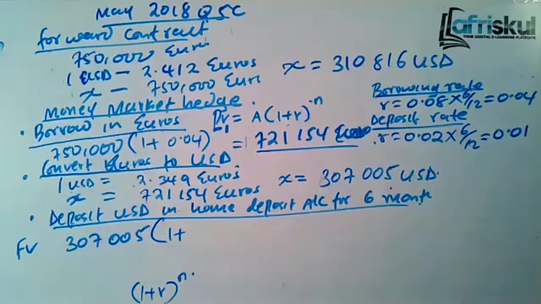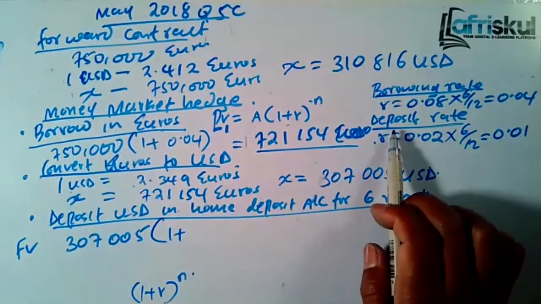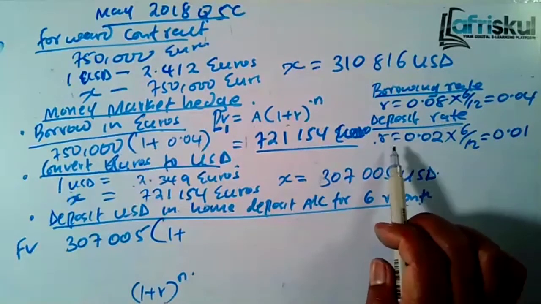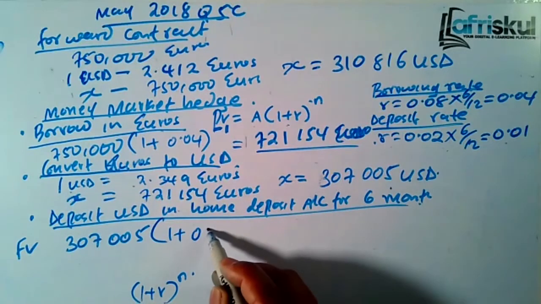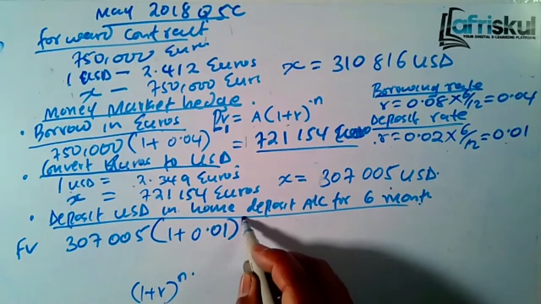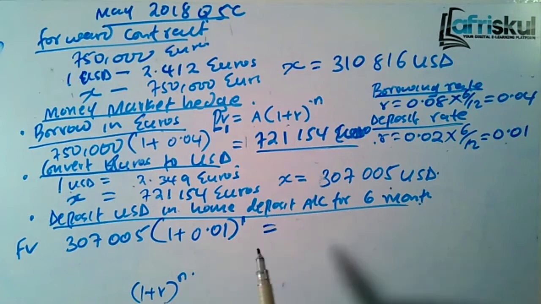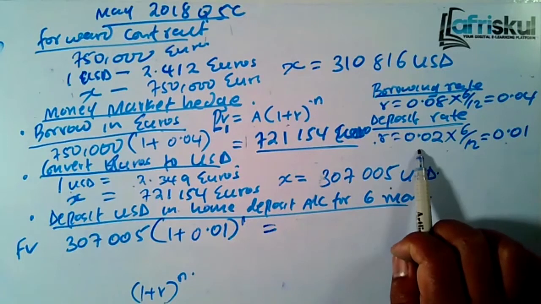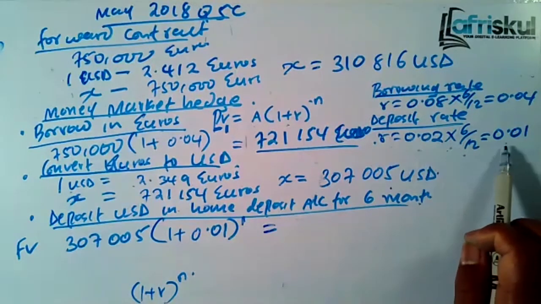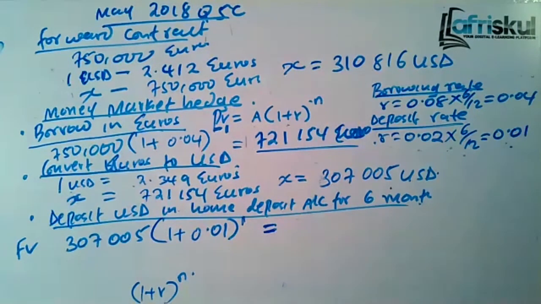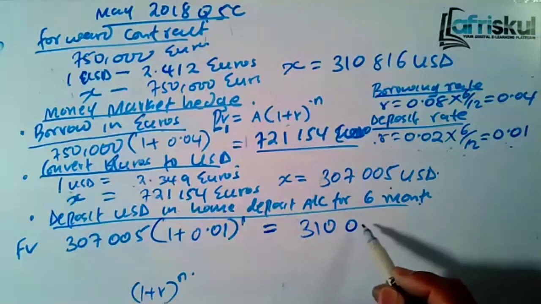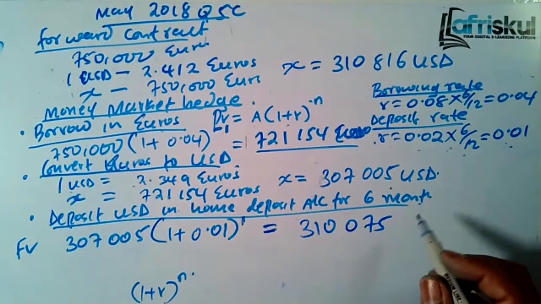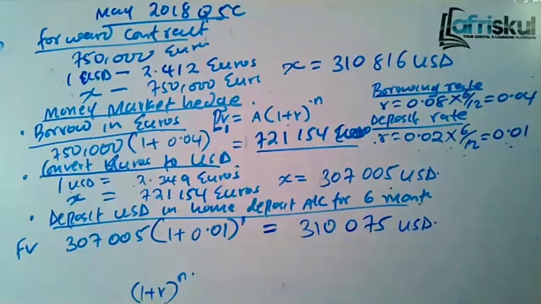The rate, remember you are depositing in the home currency at 2%, but for 6 months it was 1%. So it's 0.01 raised to the power 1. Our n should always be equal to 1, because you're converting the 2% per annum by the months. In that case, you'll get 310,075 US dollars.